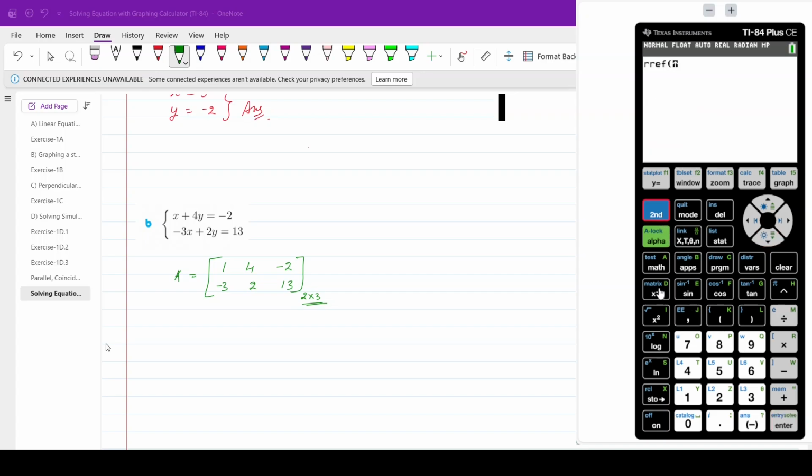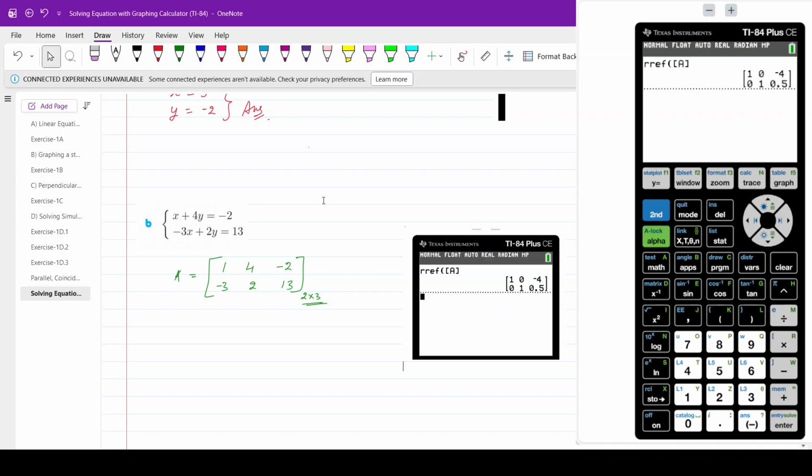Then I'll go to matrix again and I'll select matrix A. If I press enter, we get a solution. So using the graphing calculator, we get the solution as x is equal to -4 and y is equal to 0.5. This is our answer.